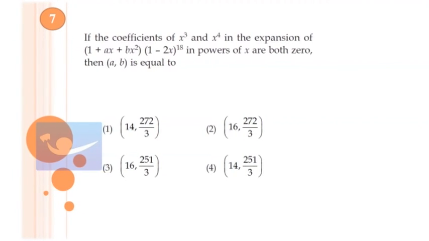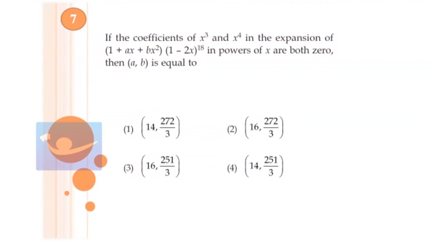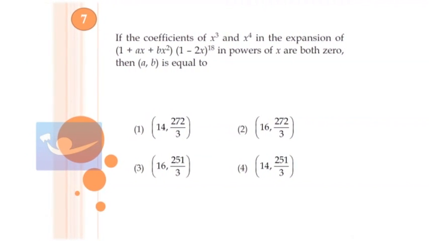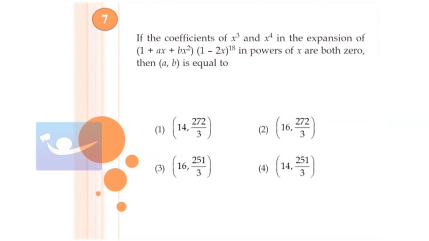This is a question from binomial theorem. If the coefficients of x cubed and x raised to 4 in the expansion in powers of x are both 0, then we have to get the values of a and b.